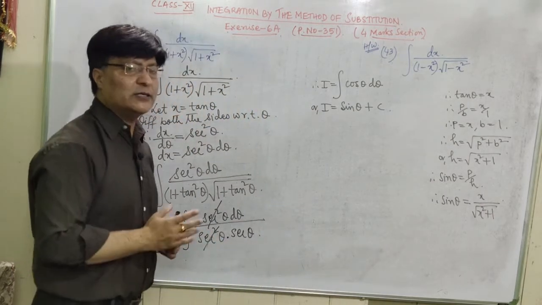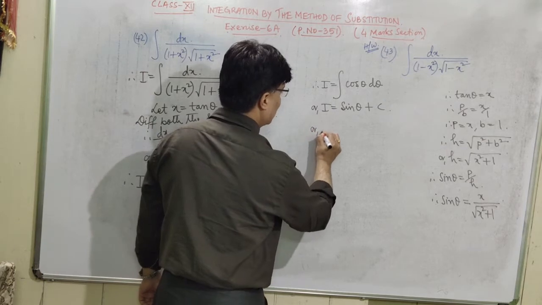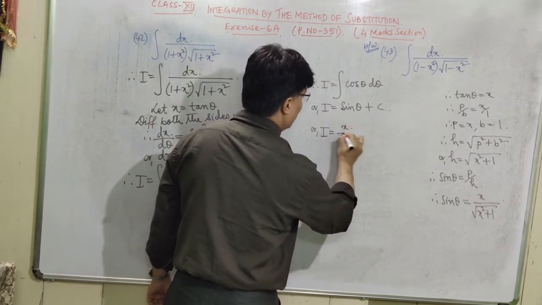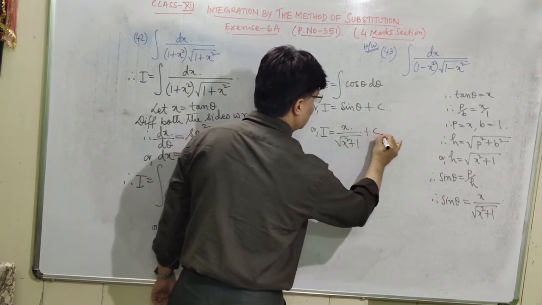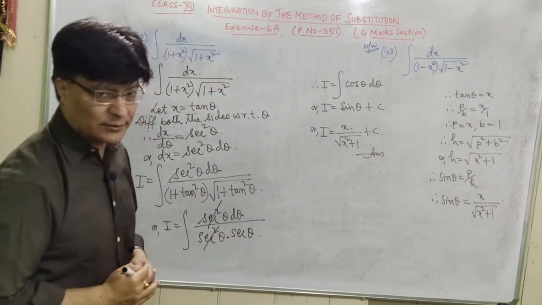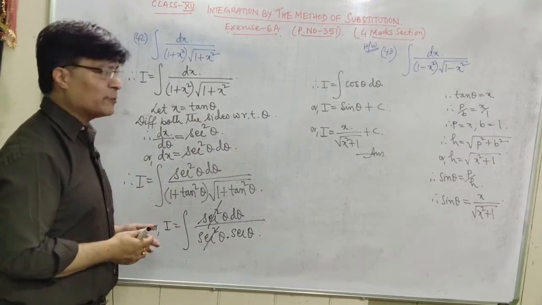So that is the value for sin theta. Now let us put the value for sin theta here: I is equal to x upon root over x square plus 1, then you have to write plus c. So this is the final answer. I think you have understood it, so you can easily do this problem.